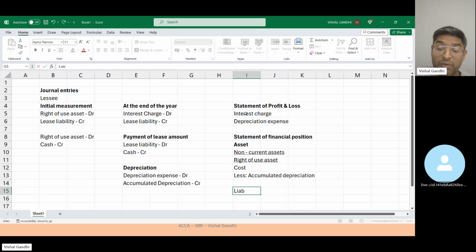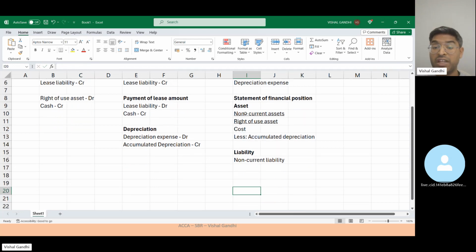Now what will come under the liability? If the contract is for more than 12 months, and lease contracts will definitely be more than 12 months, there will be non-current liability as well as current liability.